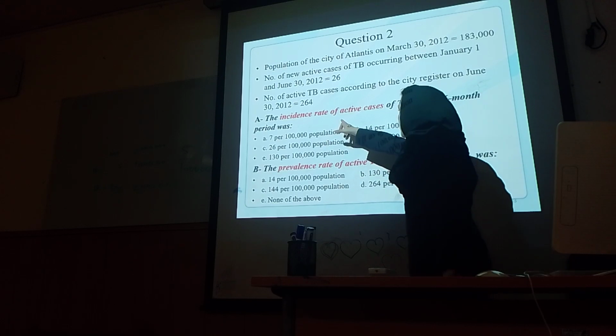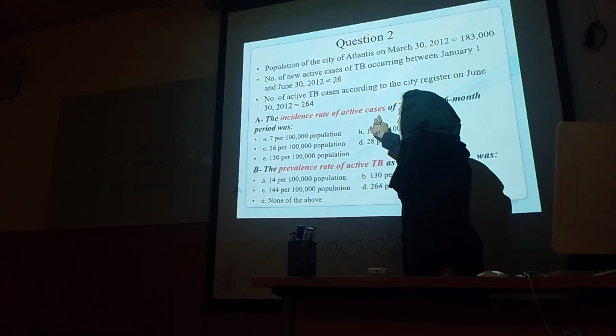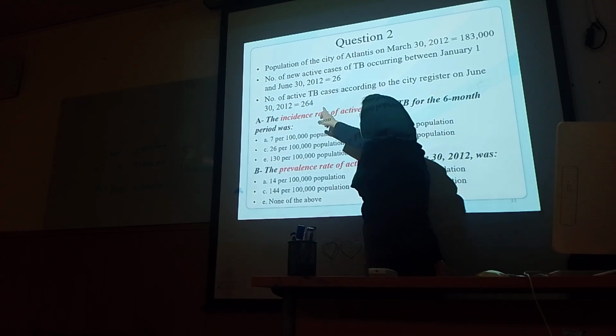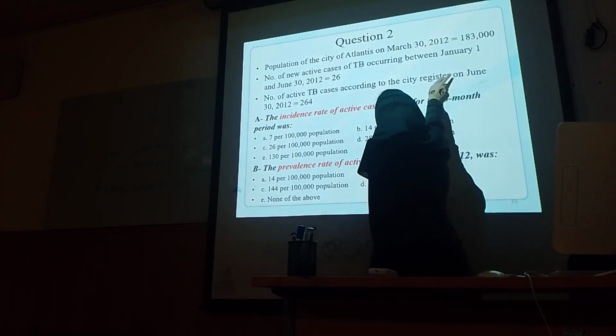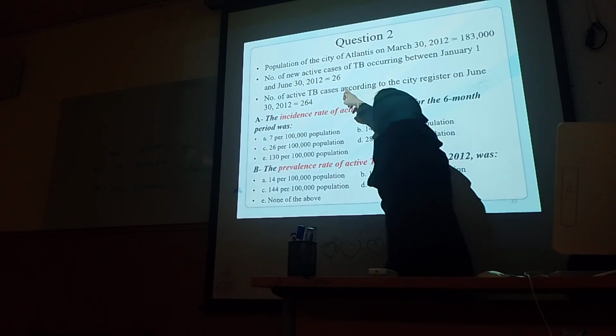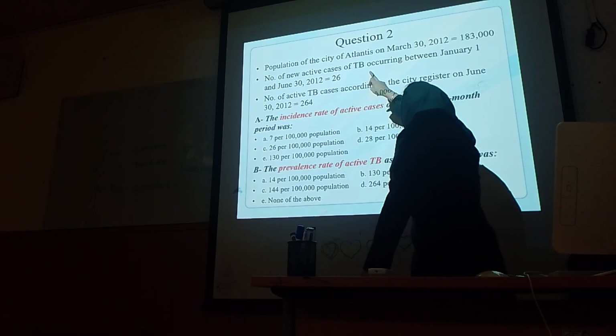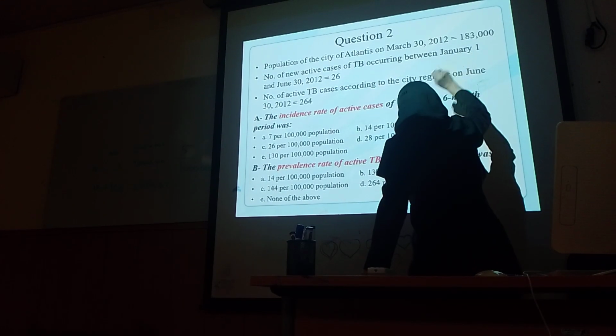It means that the question is the incidence rate of active cases. Incidence means new active cases of TB between these two times, which is 26. The population is that.